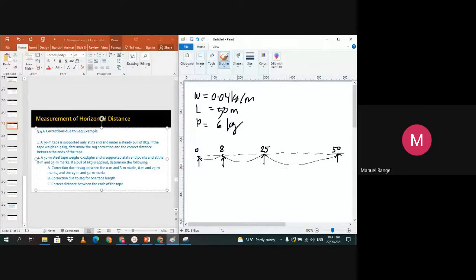Okay. So these are the supports at the ends and the intermediate supports in the middle. So let's denote this as L1, this L2 and L3.